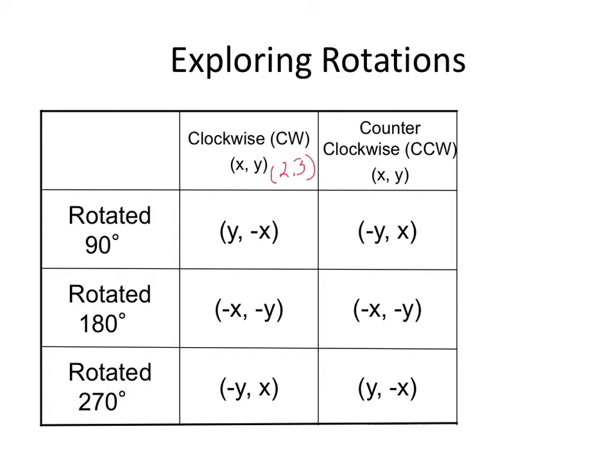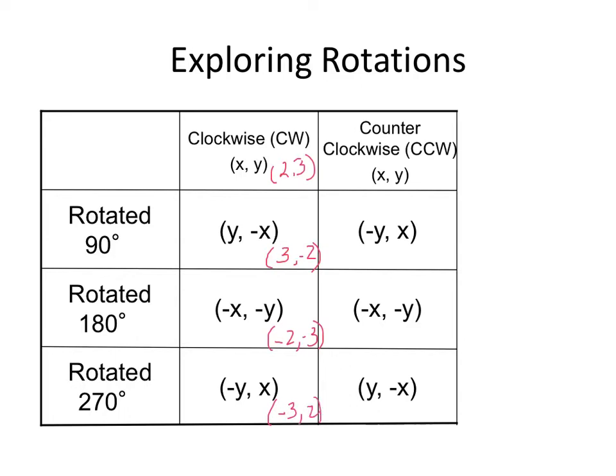When we rotate that point 90 degrees into the next quadrant, that point will become (3, -2). Those points switch places and flip signs from the original to become (-2, -3) as it's rotated 180 degrees. And then the final rotation, 270 degrees, will give us the point (-3, 2).